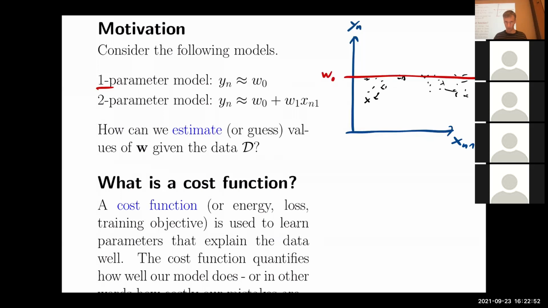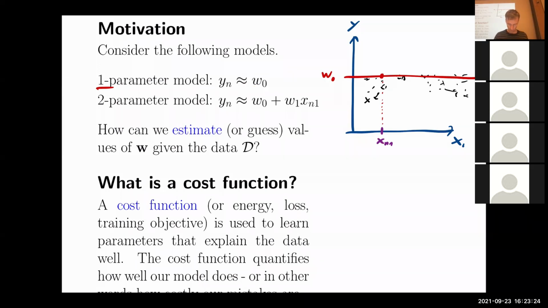So here's my data point, that's my x_n1. You have to ask the model what the prediction for it is, and that's here. The funny thing is that this model will not even look at your data. It will just always answer the same. So it's a very naive model, but that's a valid model, and that's what we have here.